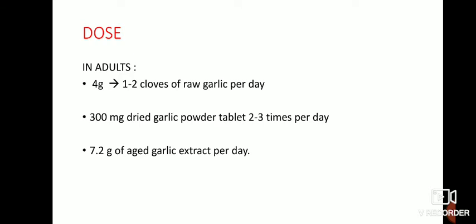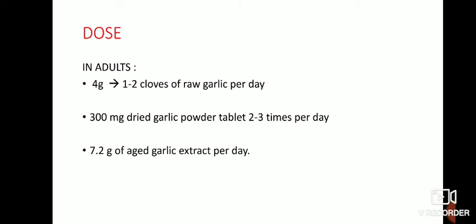Or there are also several processed forms of garlic, that is garlic powder or garlic extract. If we take garlic powder, we have to take a 300 milligram dried garlic powder tablet 2 to 3 times per day, or 7.2 grams of aged garlic extract per day.